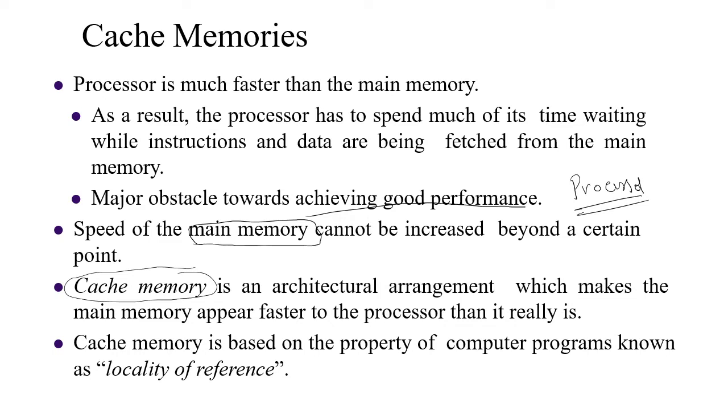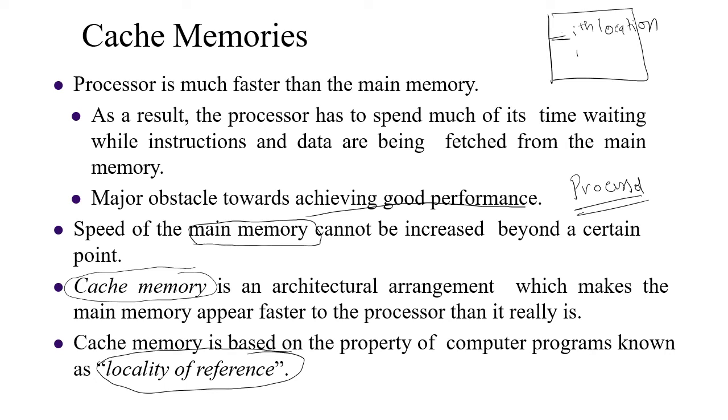This cache memory is based on a property of computer programs known as locality of reference. This indicates that when a particular program is being executed, the chances are that the code that comes next to it will also be executed. For example, you have an instruction at the ith location.